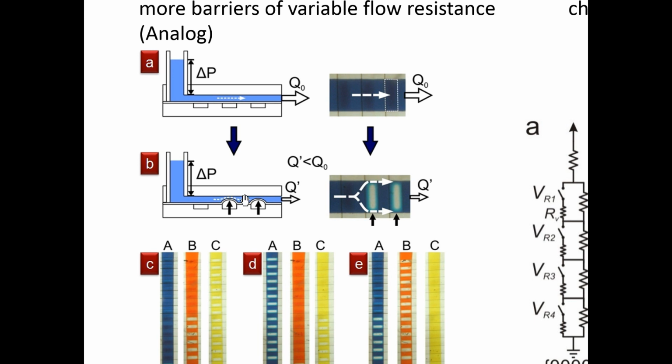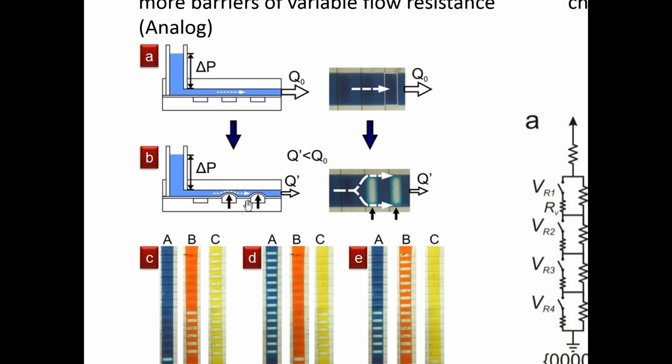So this is going to increase the hydraulic resistance. Remember, the hydraulic resistance is related to the channel dimension to the 4th power. So you can control the resistance quite a bit in this manner. You can greatly increase the fluidic resistance by basically deflecting this membrane.